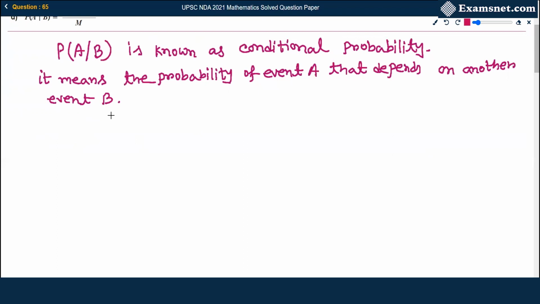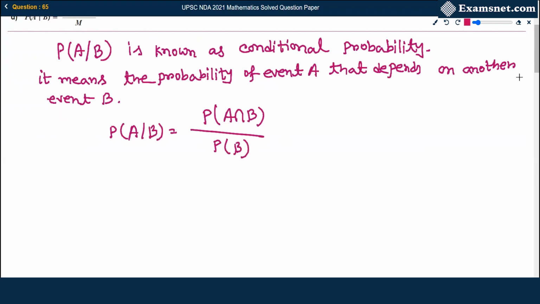And how do we find the value for it? There is a formula: probability of the event A intersection B, that is the probability of both A and B happening, by the probability of the event B happening. Okay.